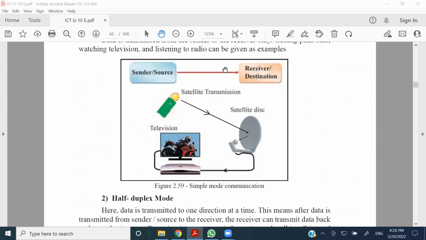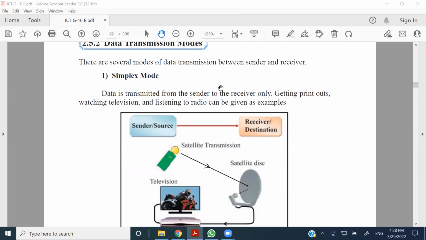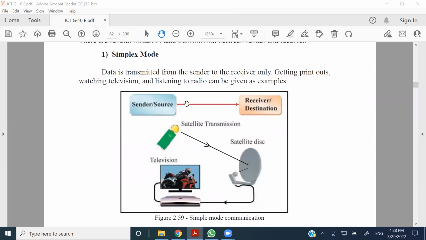When it comes to the simplex mode, simplex communication means there is a sender and there is a receiver. The sender can only send the data, and the receiver can only receive the data, right?